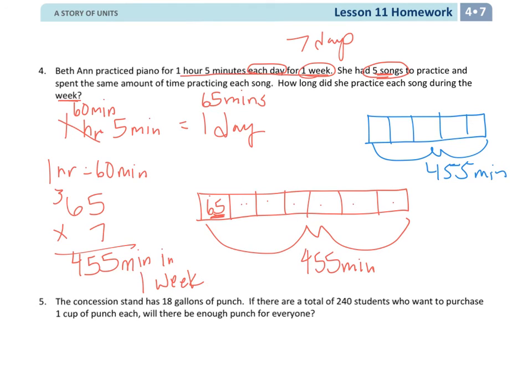So how do I figure out how long she practiced for each song? Well, that means I'm looking for this right here, 1 box, and I know that I have 455 minutes. I want to break it apart evenly into 5 different songs, so I'm going to divide it.